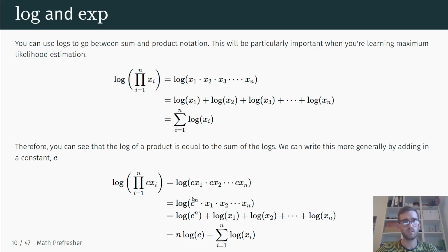Since this is a product, if we want to pull this out, we would be left with c to the power of n times x1 through xn. And so if we divide this into a sum of logs, then log c to the power of n turns into n times log c.